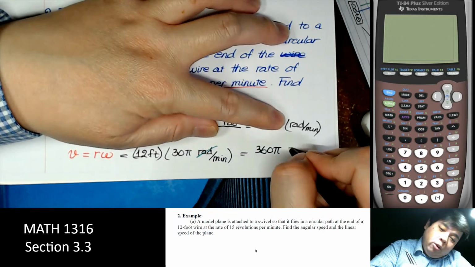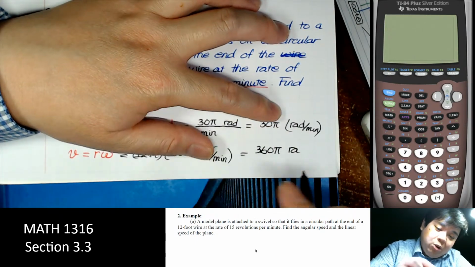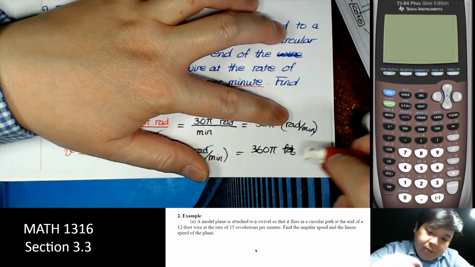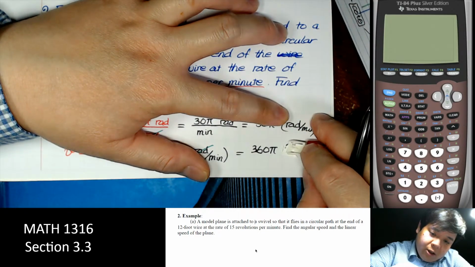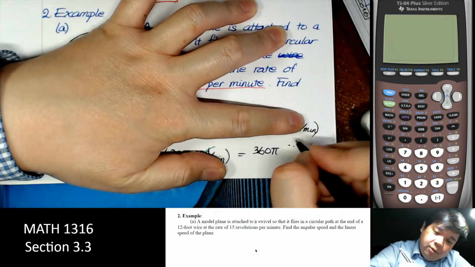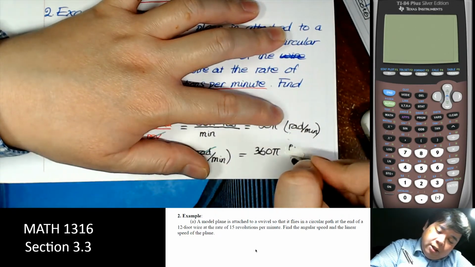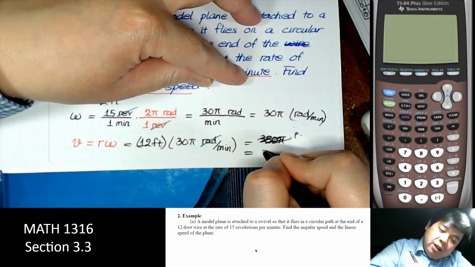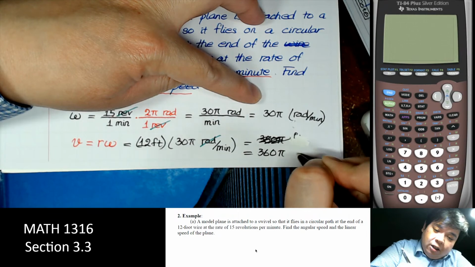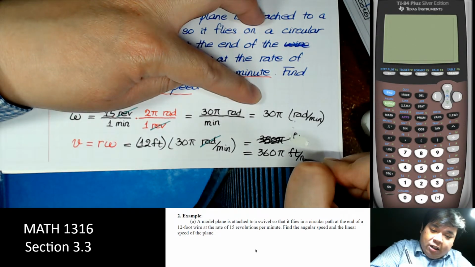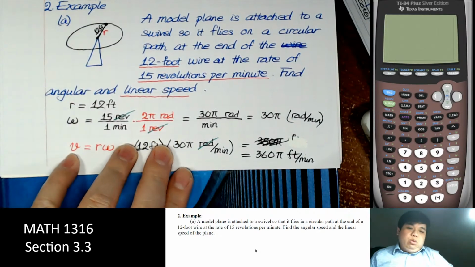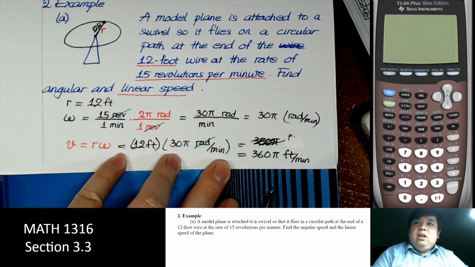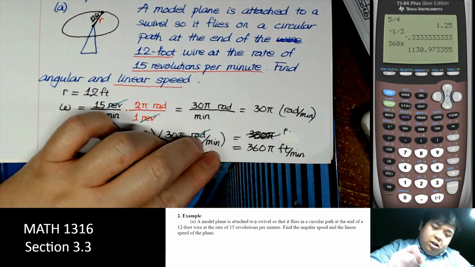I'm sorry, we cancel the radian. So 360 pi feet per minute. We can change to seconds too, that's fine, but 360 pi is about that much.